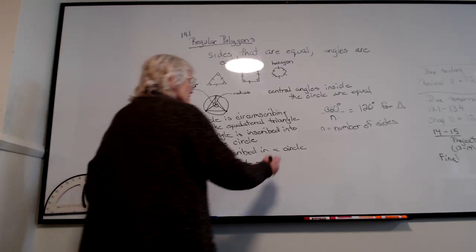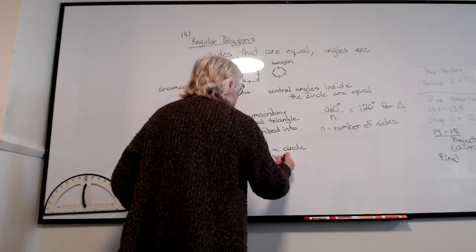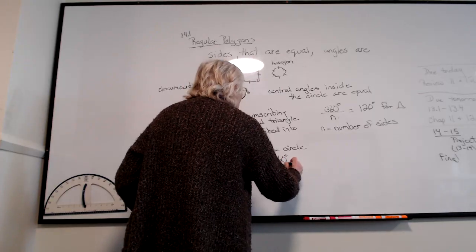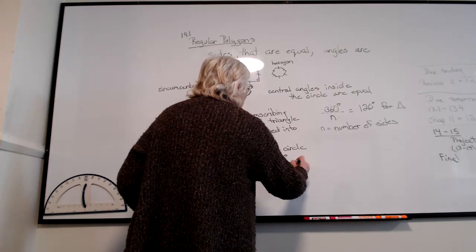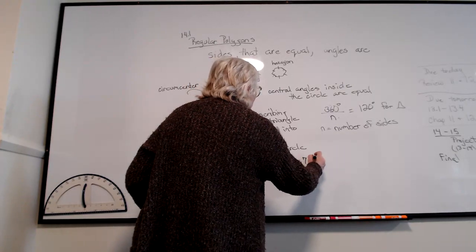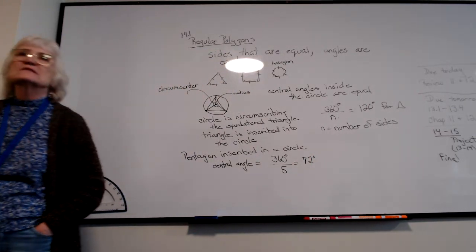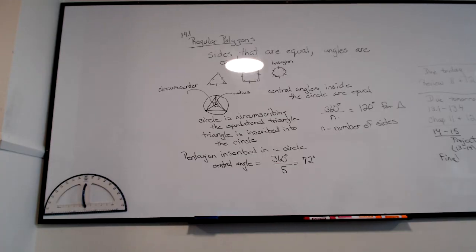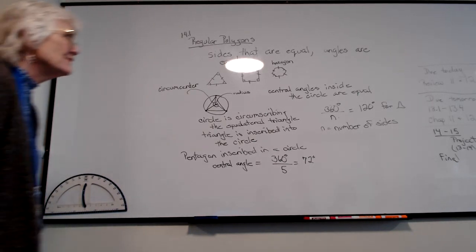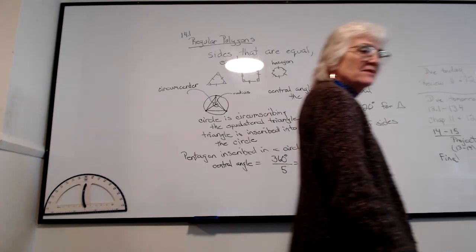Okay, so it is 360 degrees divided by the number of sides, which is 5. That is 72 degrees. So you can always find your central angles in any regular polygon that's inscribed into a circle. Okay, it's very, very easy to find those.